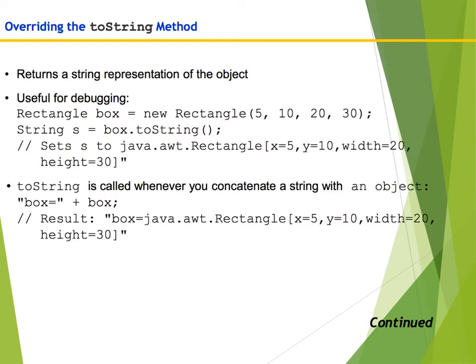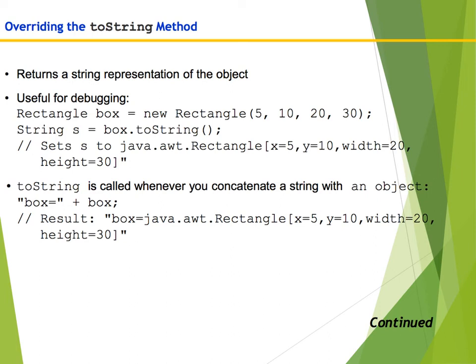Let's look at an example of how to override a method in Object. Let's assume that you want to override the toString method. As we said before, toString gives a string representation of the object. It is very useful for debugging. For example, if you have a class like Rectangle, obviously it should be a subclass of Object and it would have a toString method.